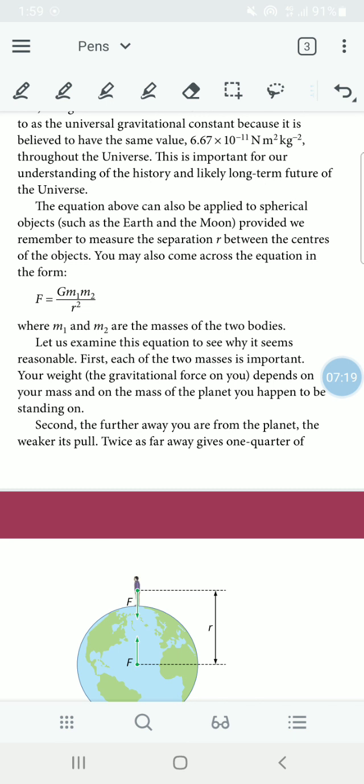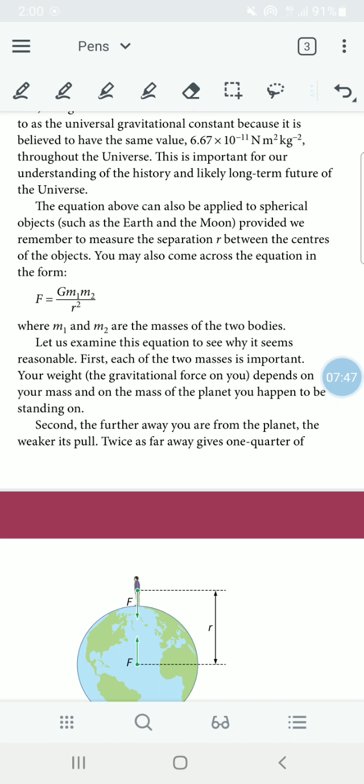Your weight, that is the gravitational pull on you, W equals mg. So you know that it would increase if the mass is higher. So it depends on your mass. And because g depends on the mass of the planet you are on, your weight would depend on both of them.